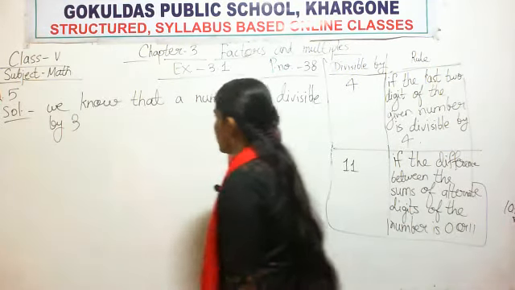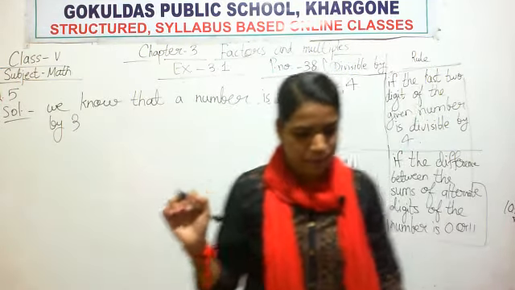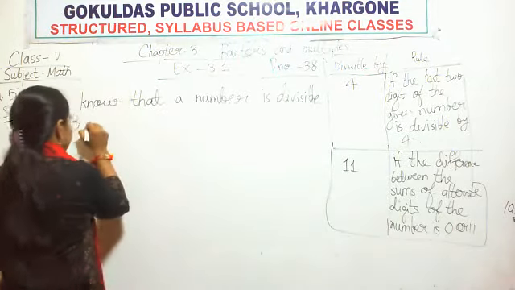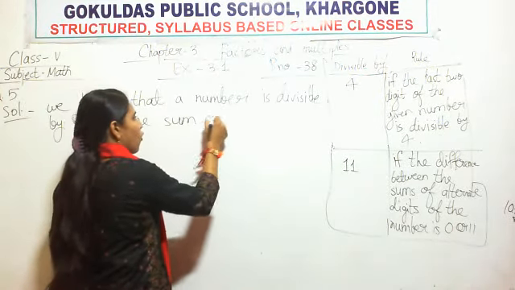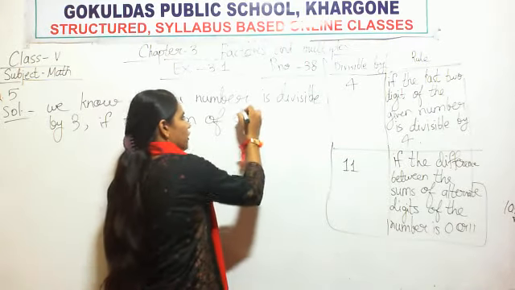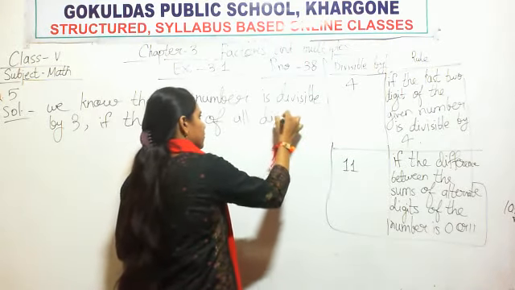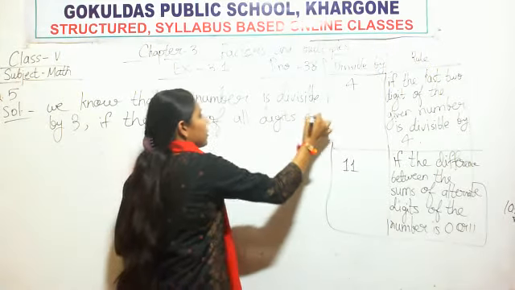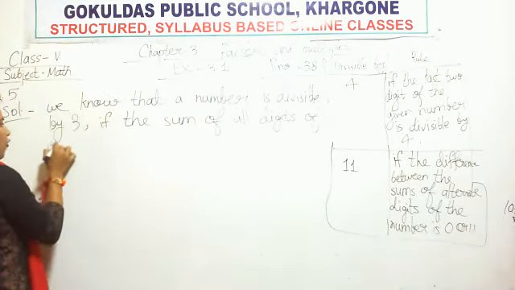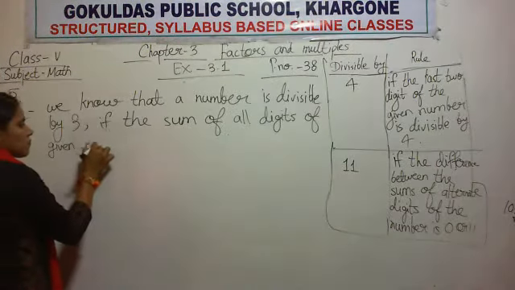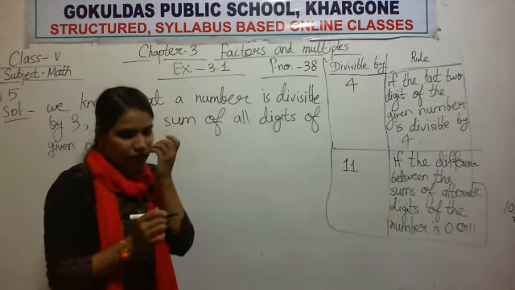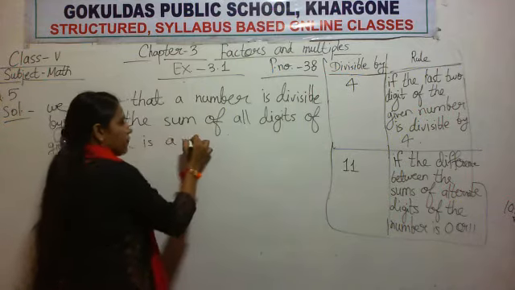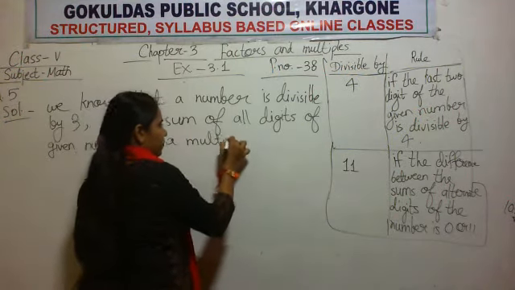We know that a number is divisible by 3 if the sum of all digits of the given number is a multiple of 3.